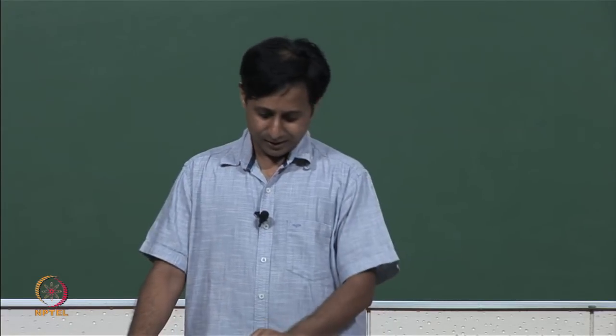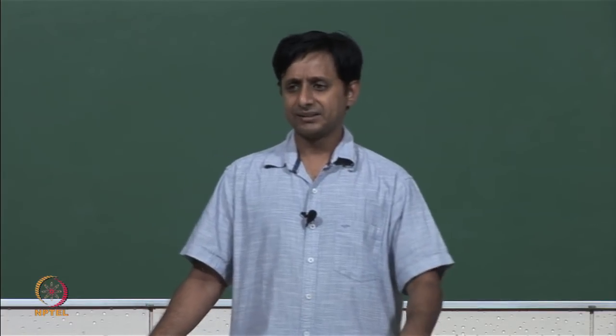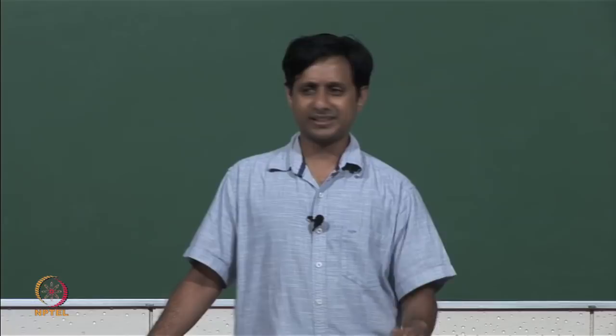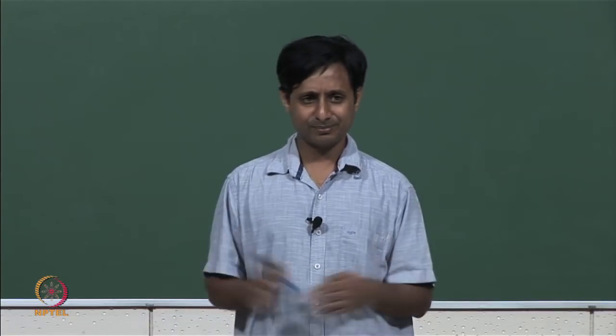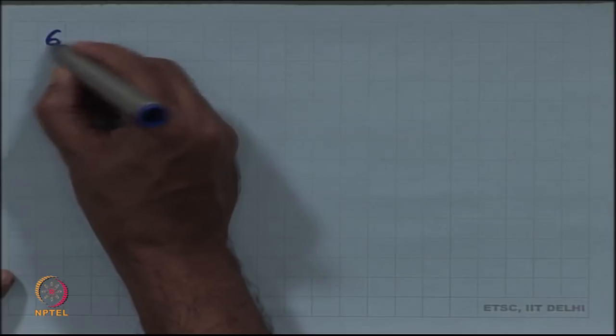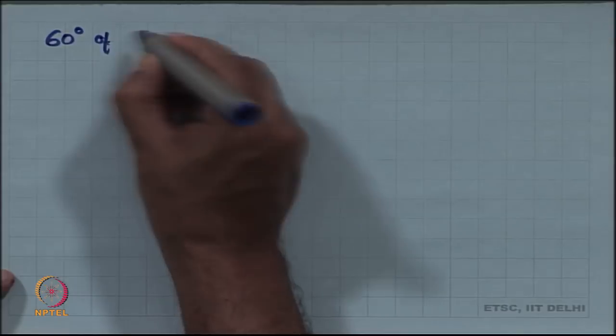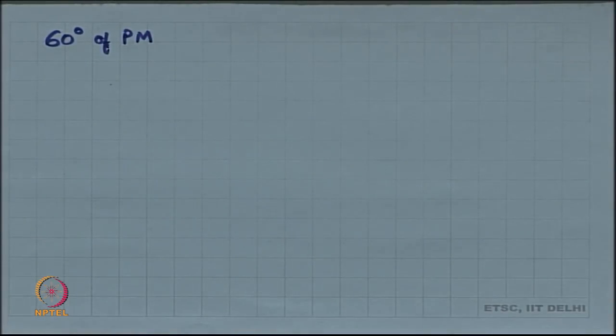A rule of thumb is that a good design is going to have a phase margin of 60 degrees. This is a general guideline that 60 degrees of phase margin is considered nice by most customers.